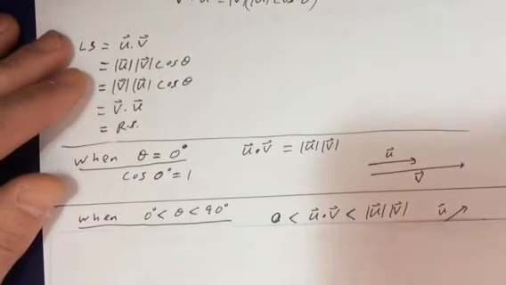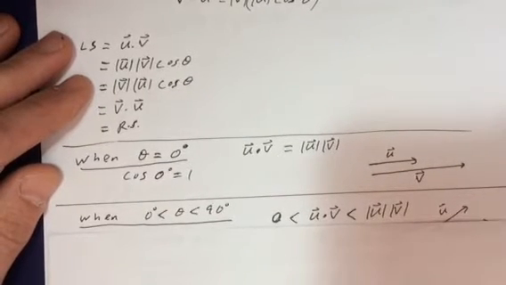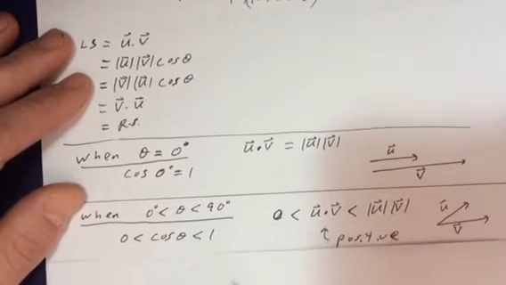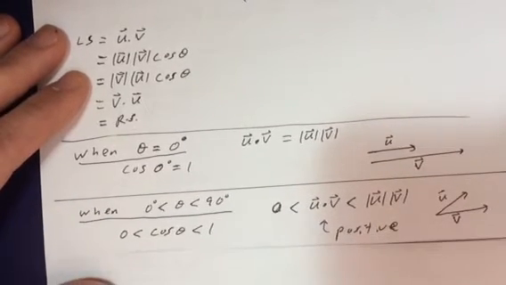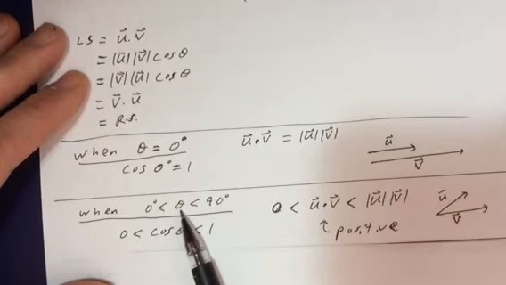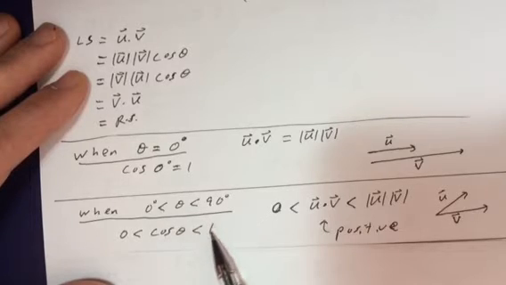When the angle is between 0 and 90 degrees, we've got a different situation. If theta is between 0 and 90, then cos theta is between 0 and 1. We said that when theta is between 0 and 90, cos is positive. The greatest that cos can be is 1.